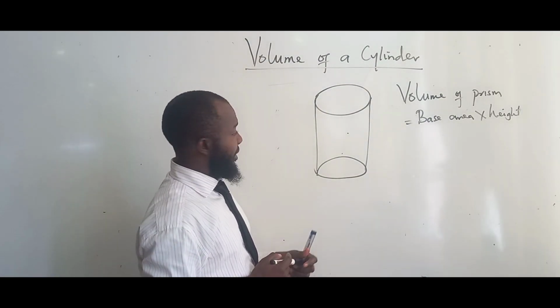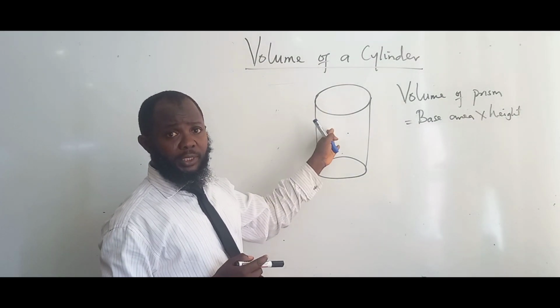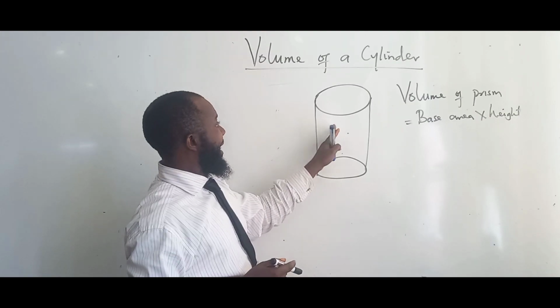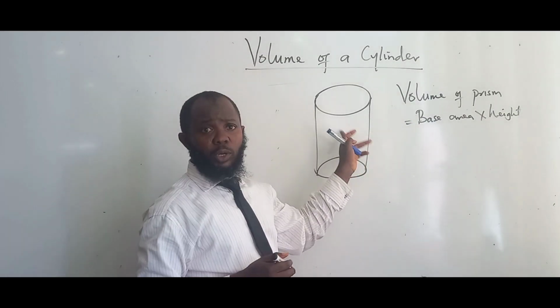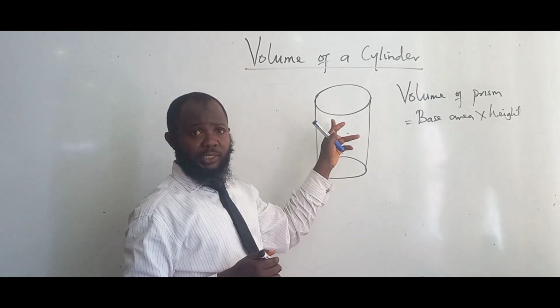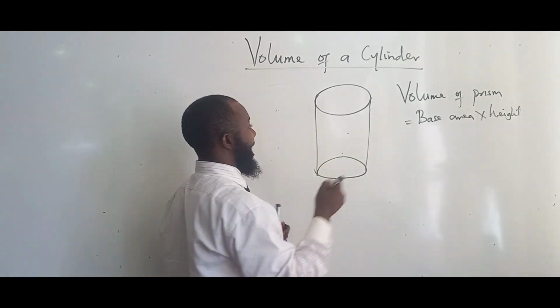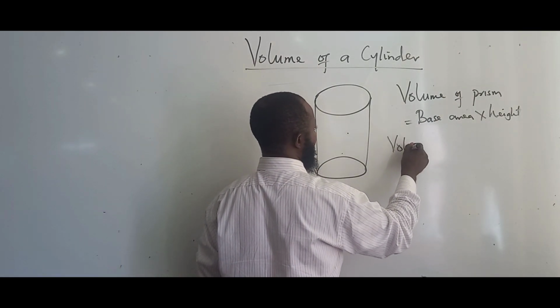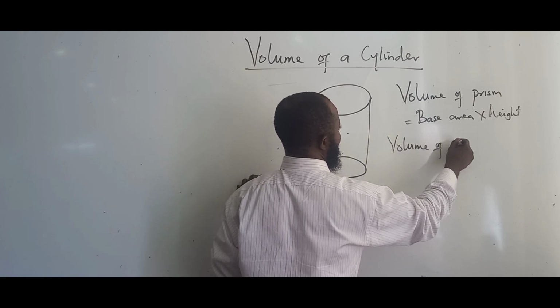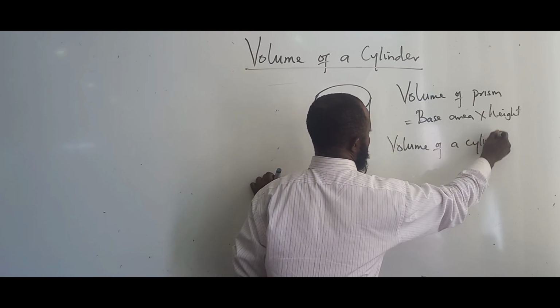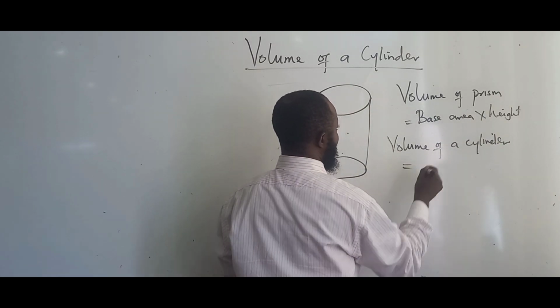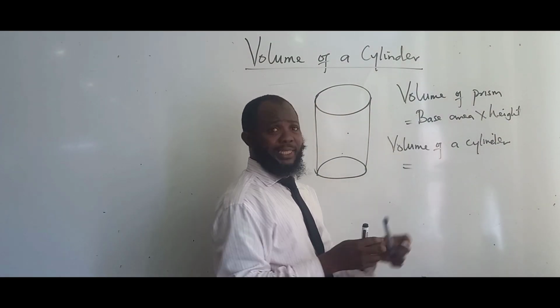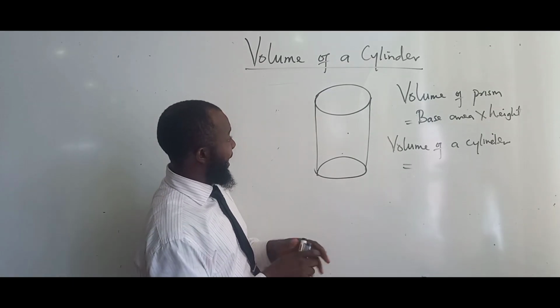So in that case, if this is a prism, we can as well use this to determine the volume of this cylinder. So in that case, we're going to have the volume of a cylinder will then be the base area, the area of the base of this cylinder.